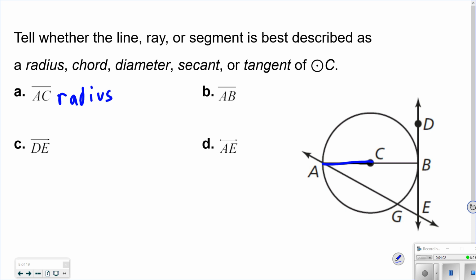AB is a chord. It goes all the way across, but it does pass through the center, so we're going to call it a diameter. It wouldn't be wrong to put a chord there also. DE, the ray DE, is just going in that direction. We call that a tangent.